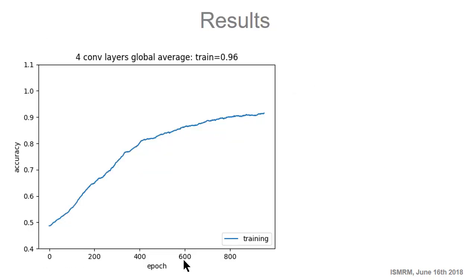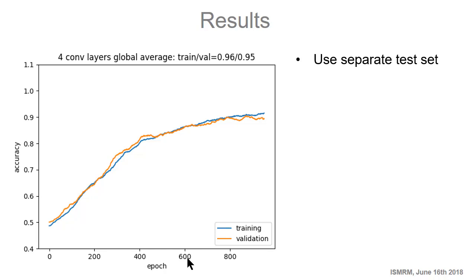So let's train it again. We also get pretty close to 100% accuracy there, but now the big difference is it actually generalizes really, really well. If you want to take this further, I left it in the repository. Things you can do: you could use a separate test set.